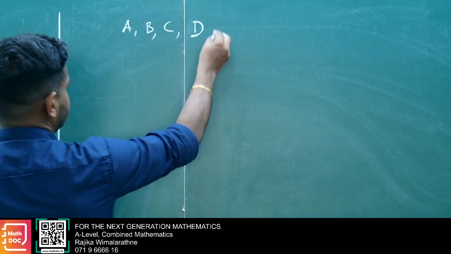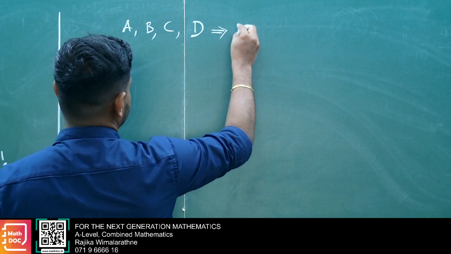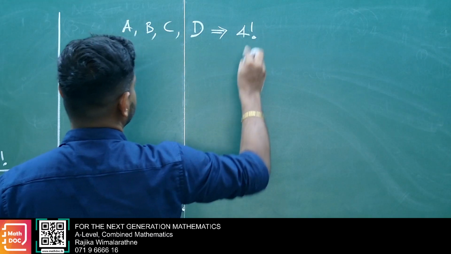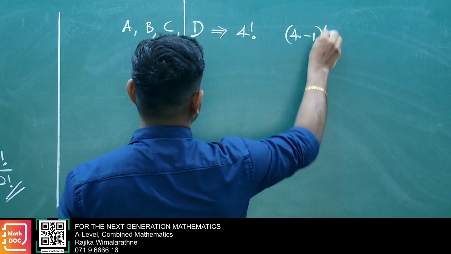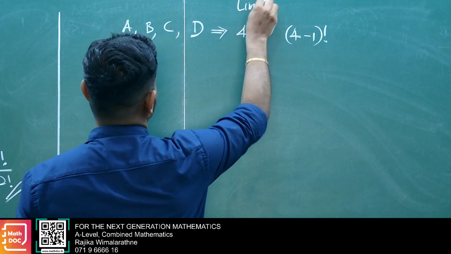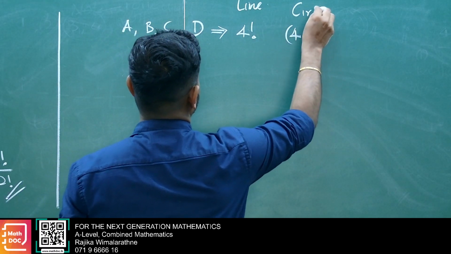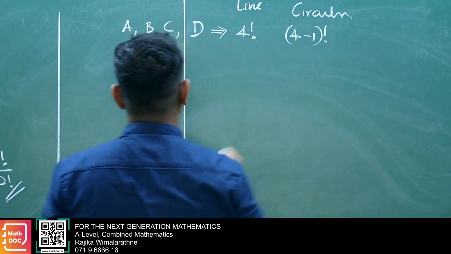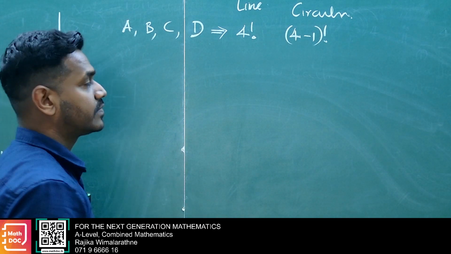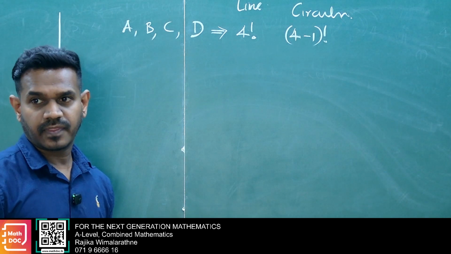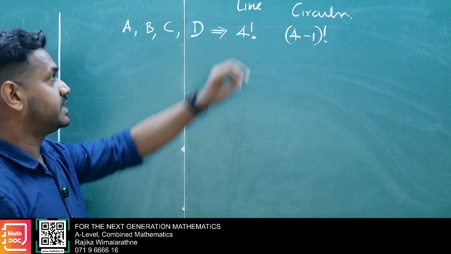Here A, B, C, D, do with me. Line arrangement 4 factorial, circular arrangements 4 minus 1 factorial.